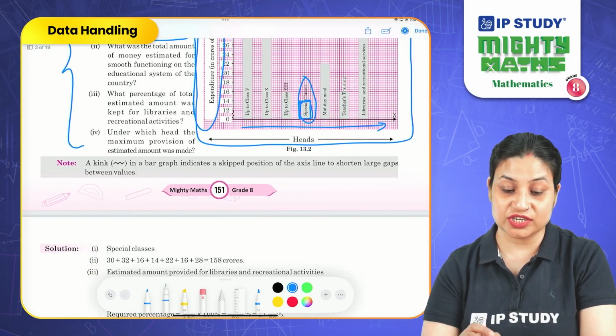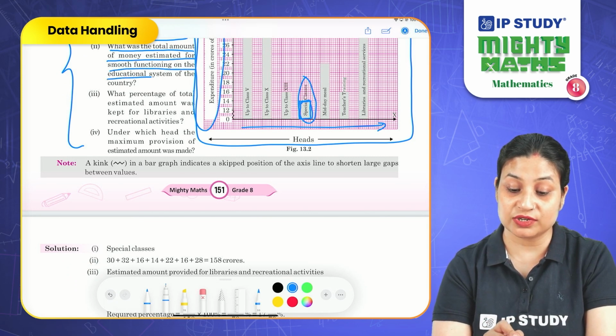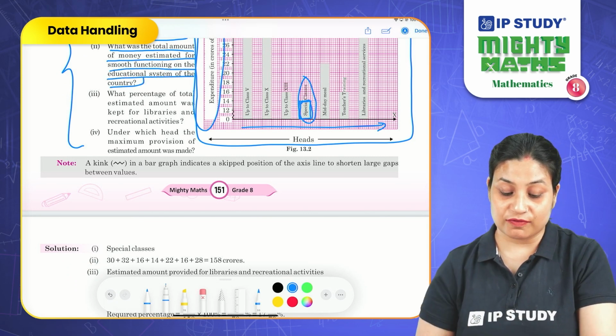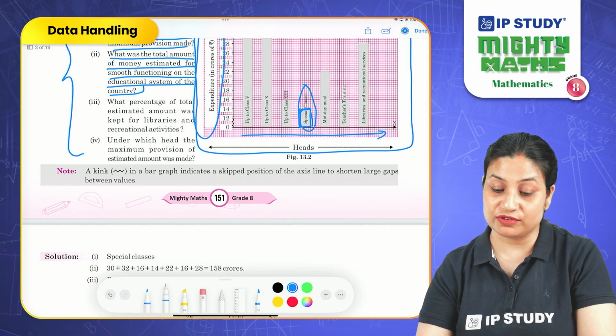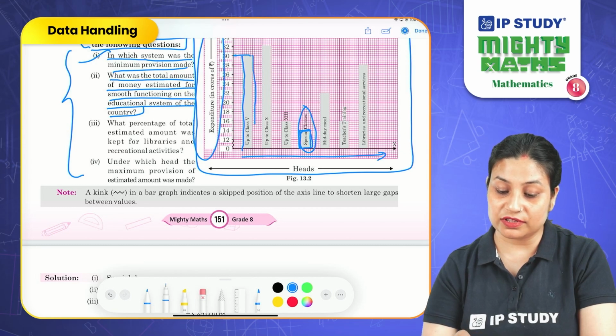Now the next question is, what was the total amount of money estimated for smooth functioning of the education system of the country? For that, you have to add all the values for each and every sector over here. For this particular section, it is given 30. For this particular section, 32.